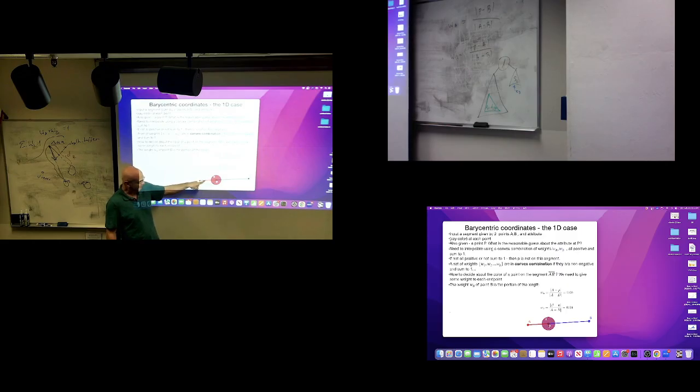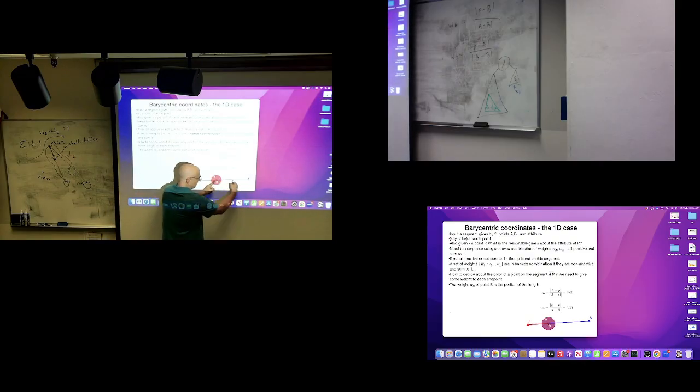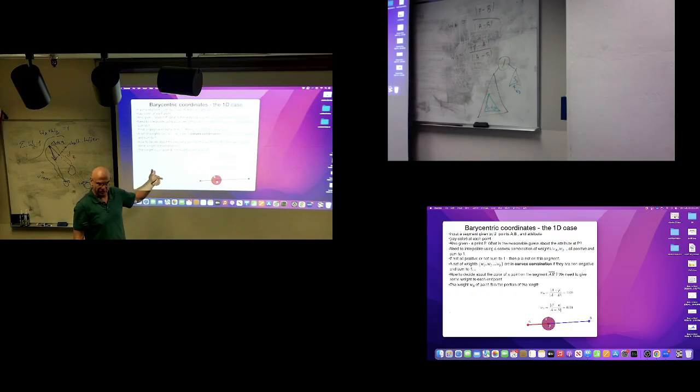Then I expect the color of P to become more and more reddish. You have more red and less blue, which is exactly what happens, because as P moves toward A, the length of this guy is almost the whole length of the whole thing. It could get closer to 1.